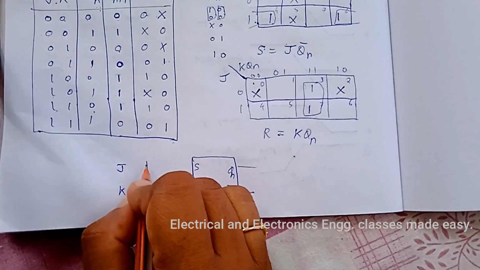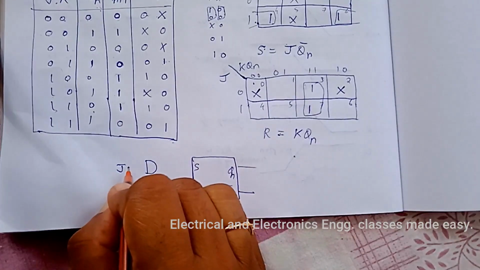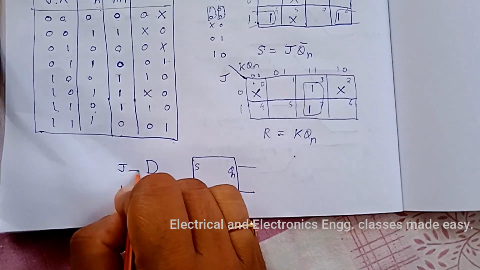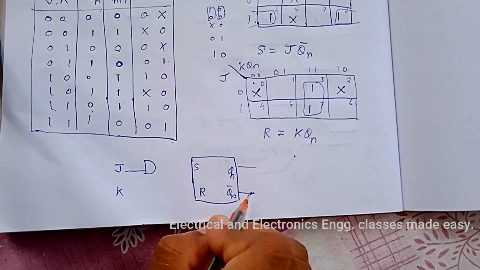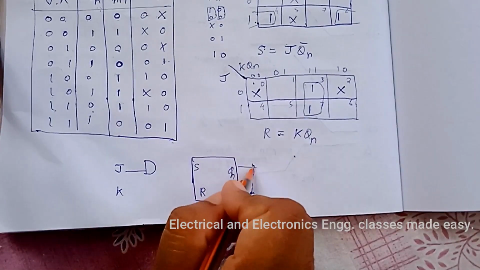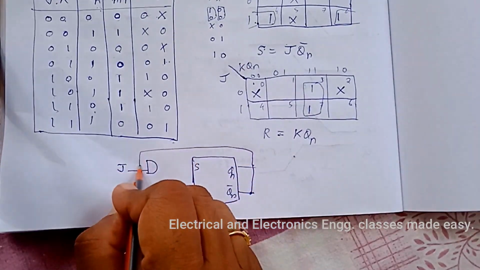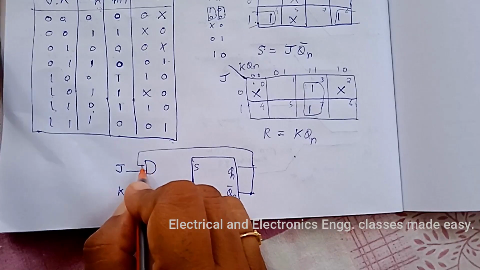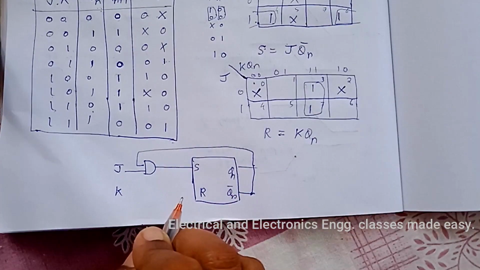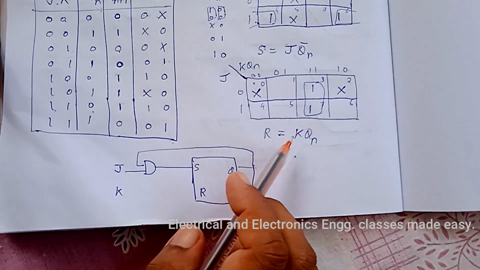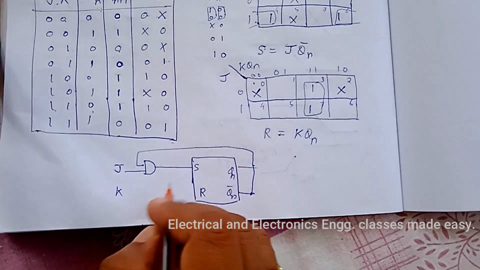So there will be an AND gate, J, Qn bar, that is here Qn bar. So this is the input to S, and R is K into Qn.